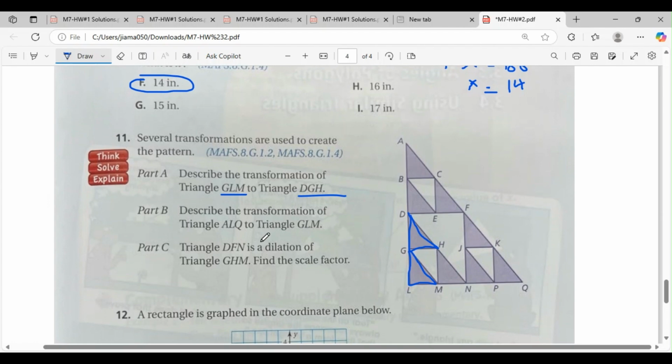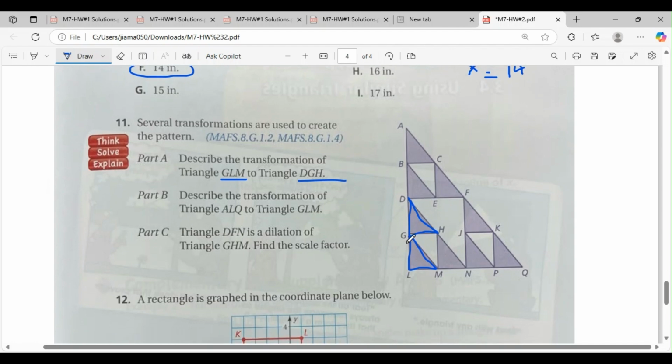Okay, so the question led us to describe the transformation of triangle GLM to triangle DGH. So this triangle to this, how it becomes this.